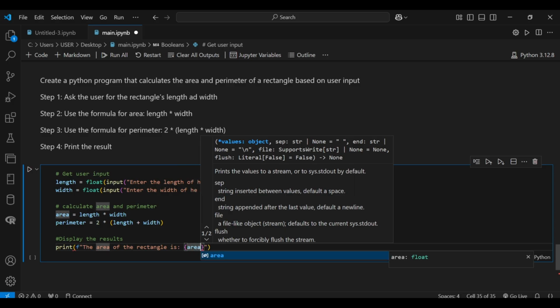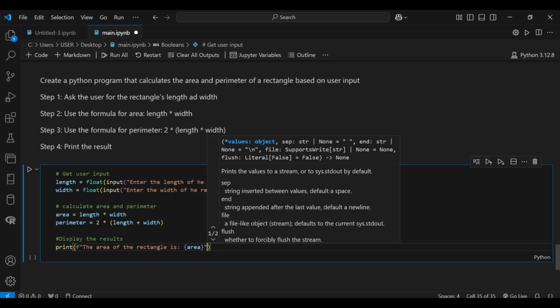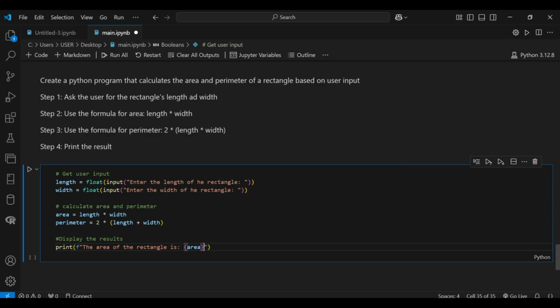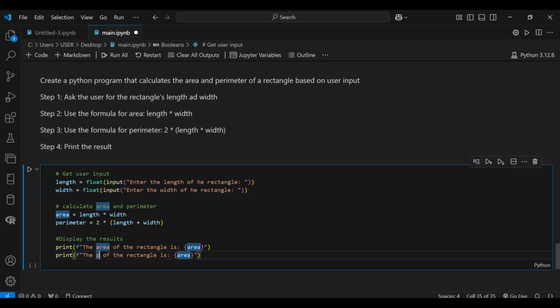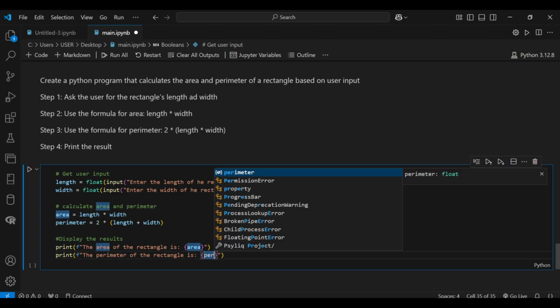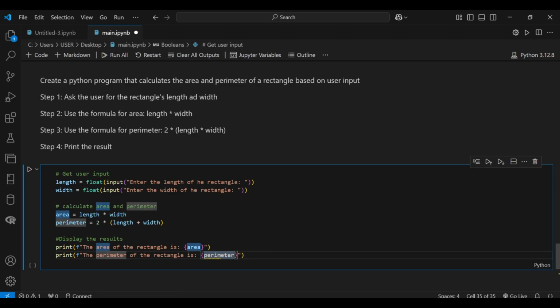And then maybe if you want to write it on a continuous line, you can just say and the perimeter is this, but let me just put it on another line. So let me copy this so I don't rewrite. So I'm just going to change this to perimeter. So the perimeter of the rectangle is, and I'm going to change this also to the perimeter value.